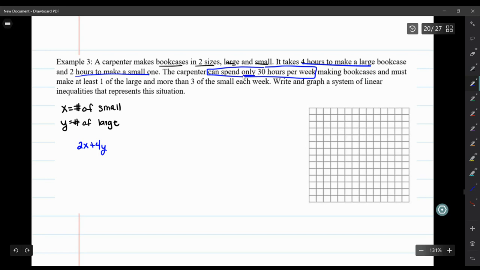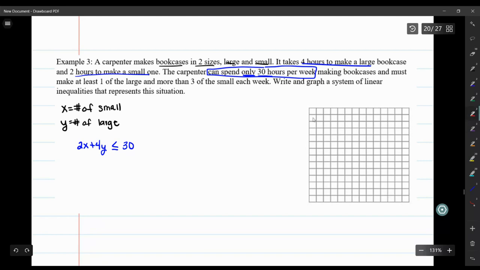If all you can spend is 30 hours, you can't go over 30. So you have to be less than 30, but you could actually spend the full 30 hours working. So this is going to be less than or equal to 30. The total time it takes is less than or equal to the 30-hour limit that you have.